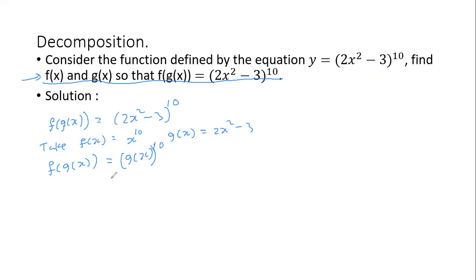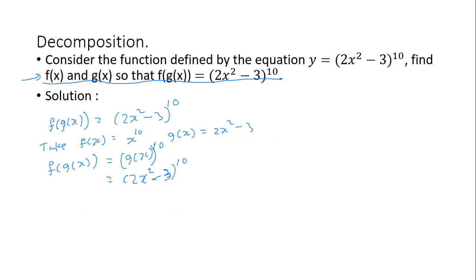Now, if you substitute for g(x), we get (2x square minus 3) to the power 10, which is what we want.